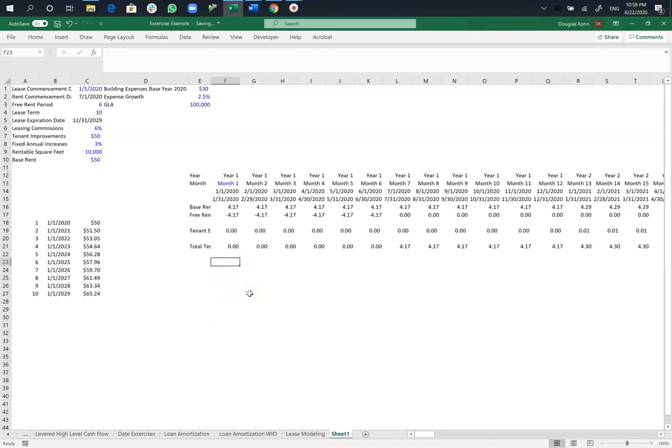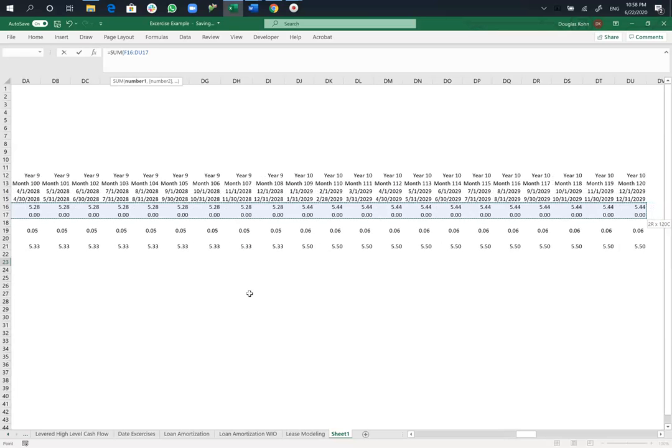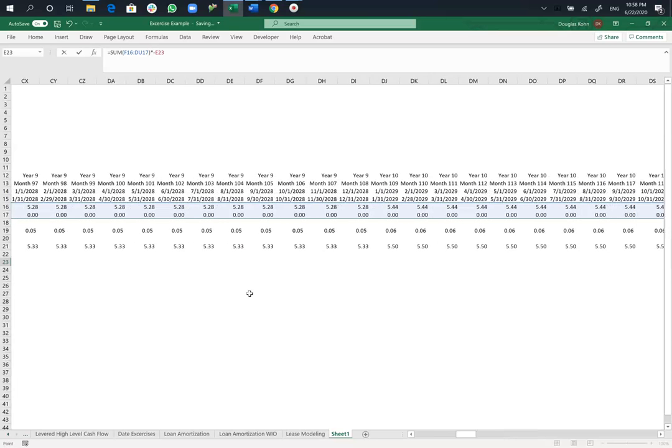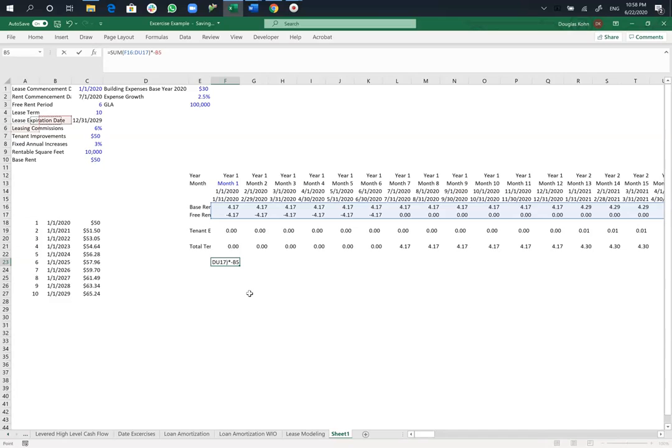For the next step, we're going to add in our leasing commissions, and we're going to do leasing commissions in a basic format. We just take the sum of the base rent and the free rent and multiply that times the negative commissions.